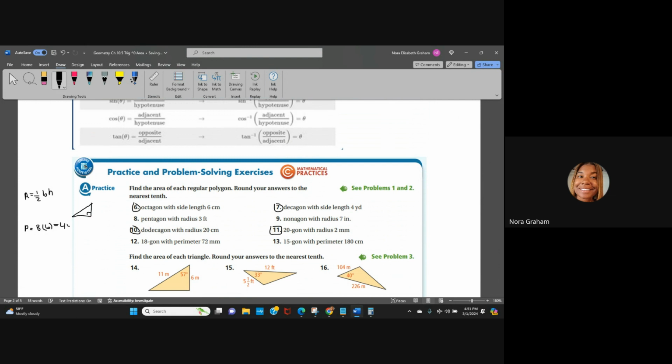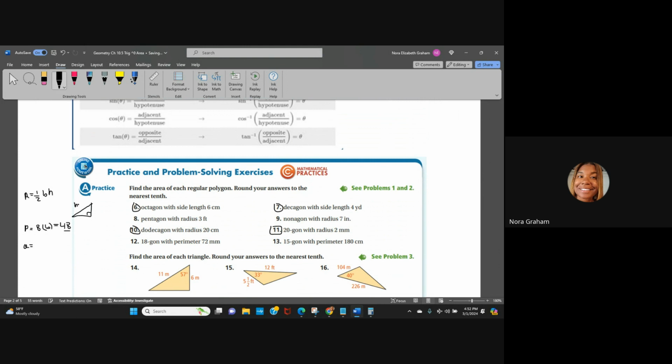So this is what we're going to plug into our formula up there for our area. Next, I want to find my height or my apothem. I'll just put A for apothem. Remember, our apothem is this part right here. I always like to annotate my triangles so you don't forget what's going on.